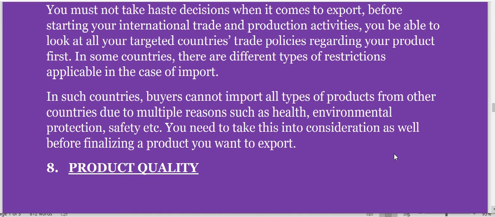For instance, if you've targeted Singapore, you need to look at the trade policies of Singapore, so that you don't have any problems with your product in the country that you've chosen.